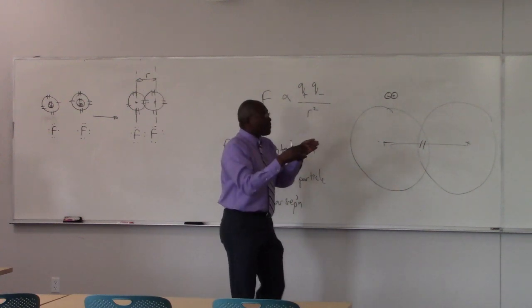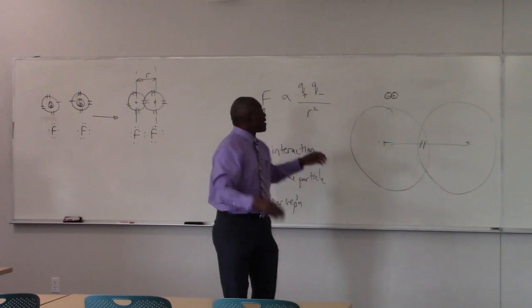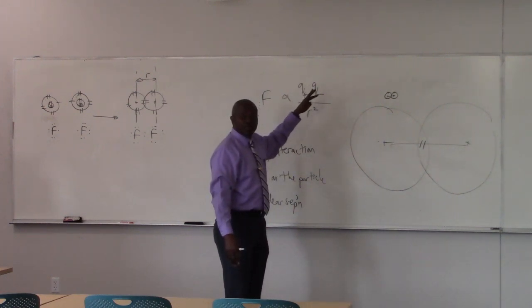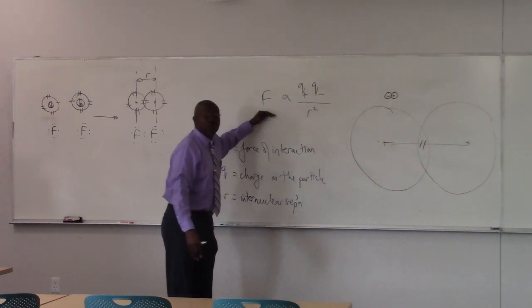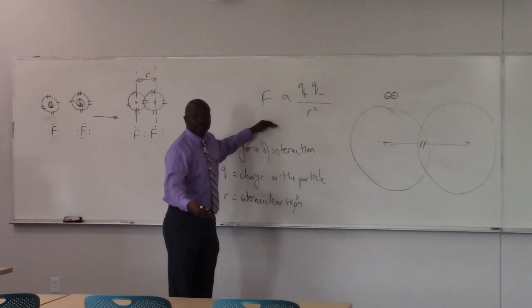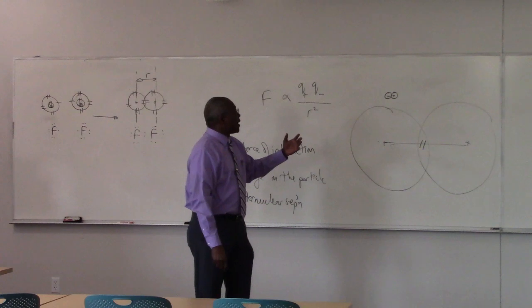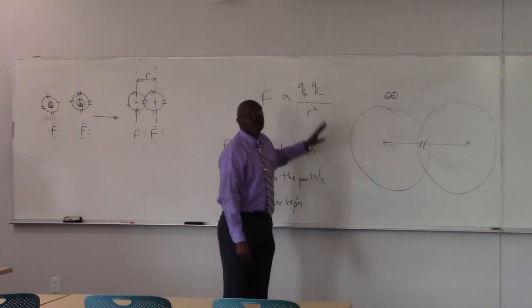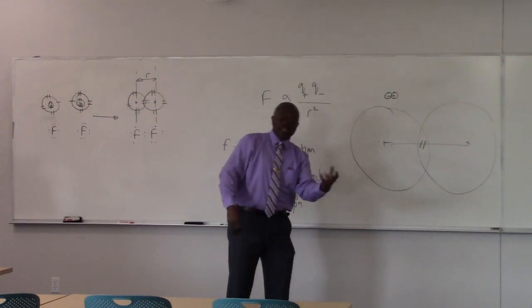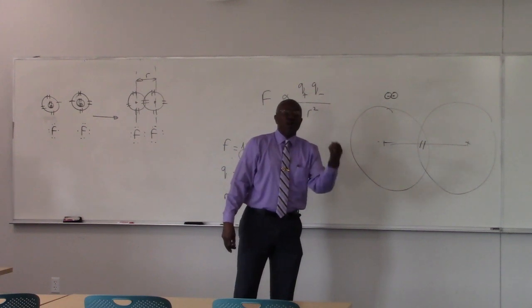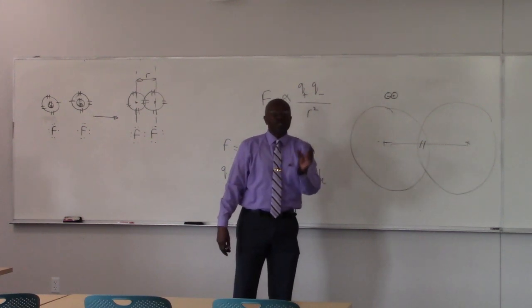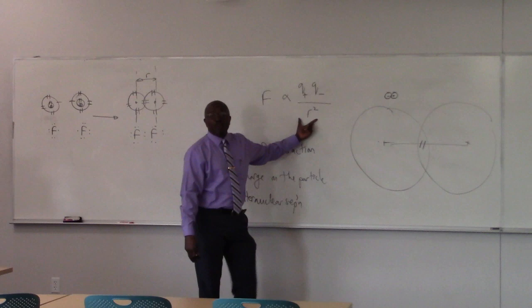So as the bond gets longer, as r goes up, right, F gets smaller very rapidly. So what are the factors that affect the strength of a bond? Well, the bond length, which really comes down to the size of the atom. Small atoms make short bonds make strong bonds.